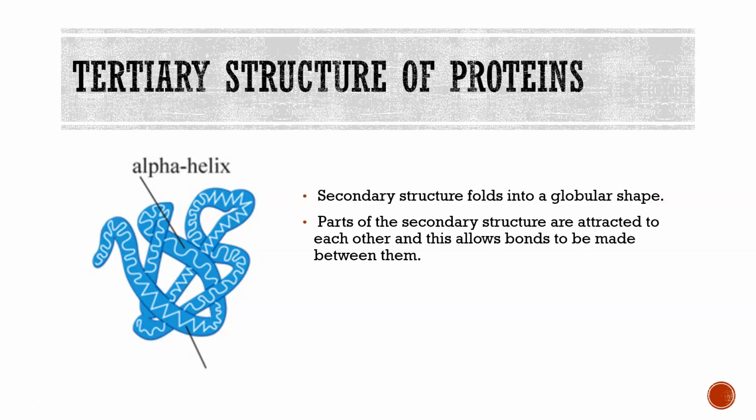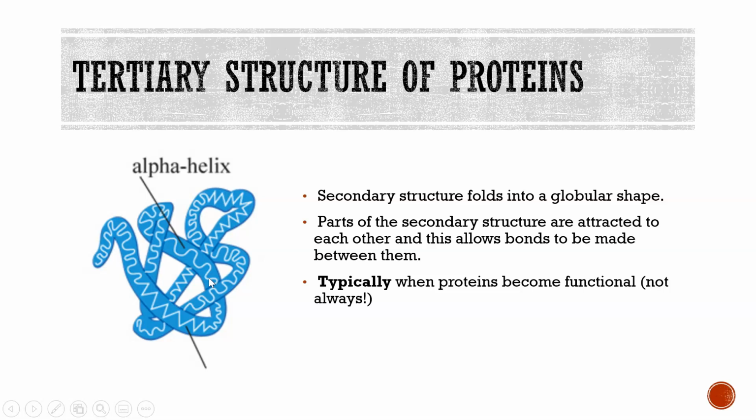Now what's happening is other oxygens and hydrogens are being attracted to then bend it into this globular structure. We'll do this with some hands-on material in the classroom, okay? But it makes what we call this globular shape. So you can kind of see the alpha helix happening here, but then it's been bent further.